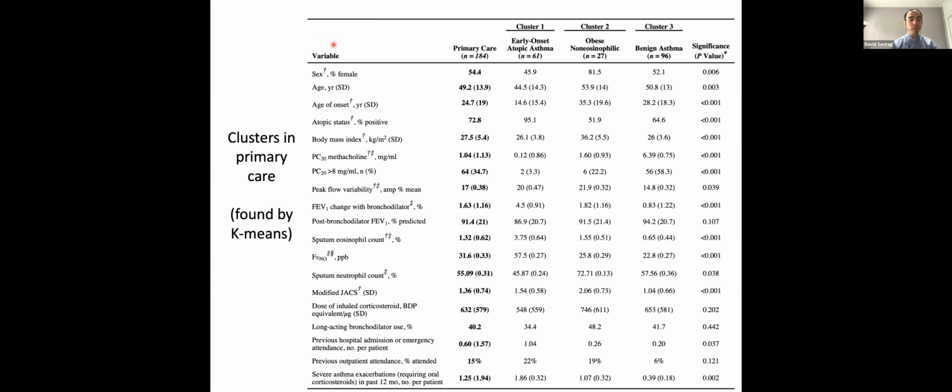Now, the first thing to recognize is that we're using a relatively small feature vector. Every row here corresponds to one of the features that went into the k-means algorithm.